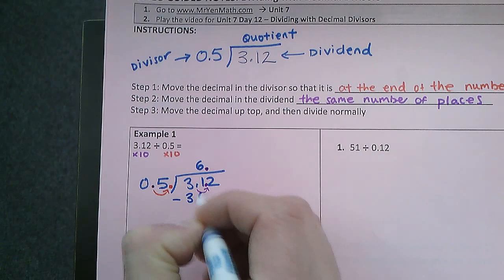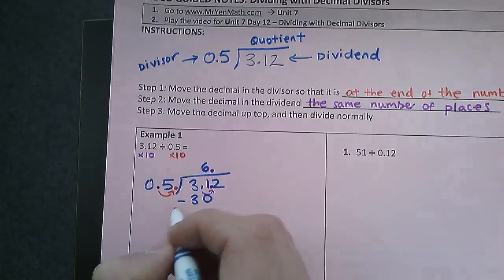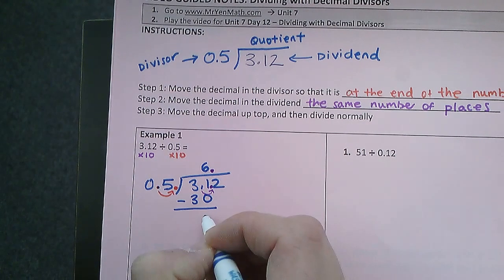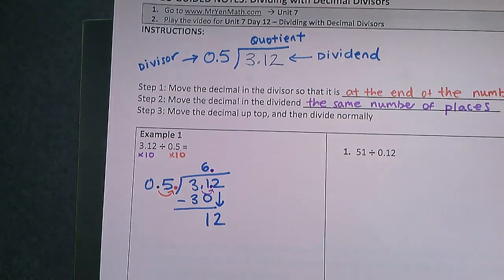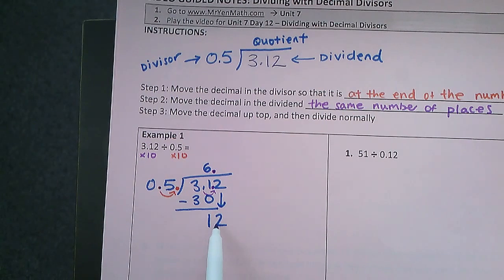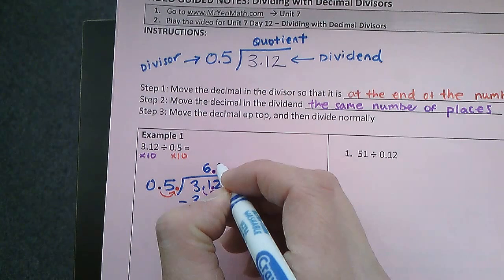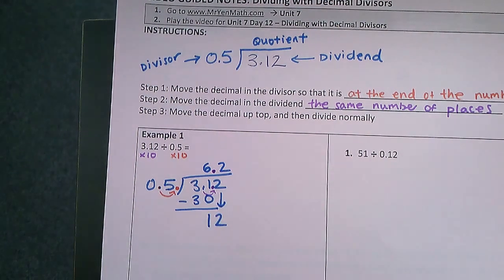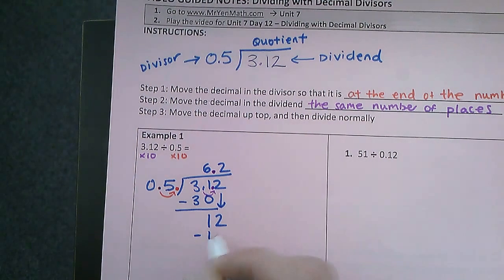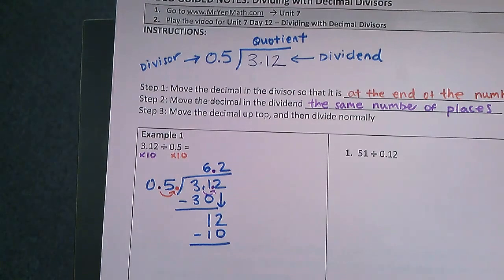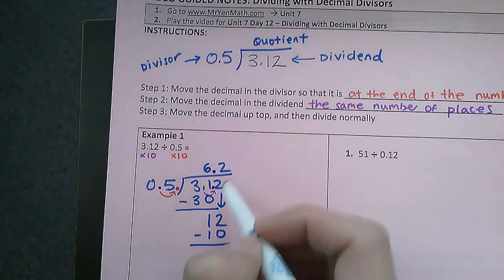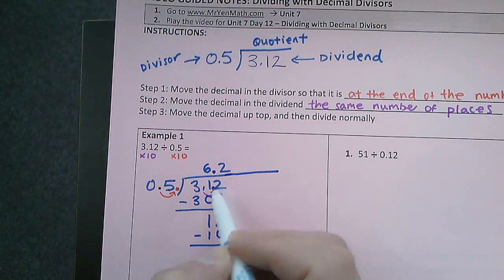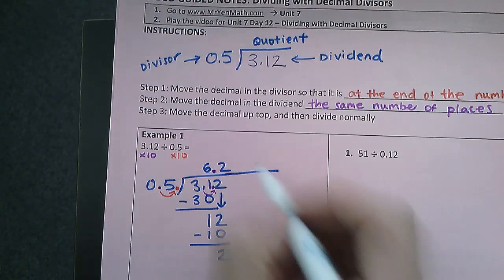So 6 times 5 is 30. Subtract 30 here. 31 minus 30 is 1. I'll bring down the 2. How many times can 5 go into 12? 2 times. 2 times 5 is 10. And then I have 12 minus 10, which is 2. And remember, I can add as many zeros after the decimal place as I need to, and the number stays the same.